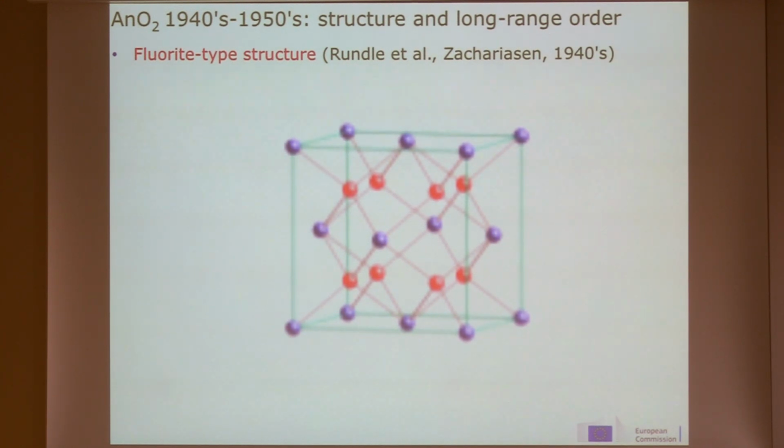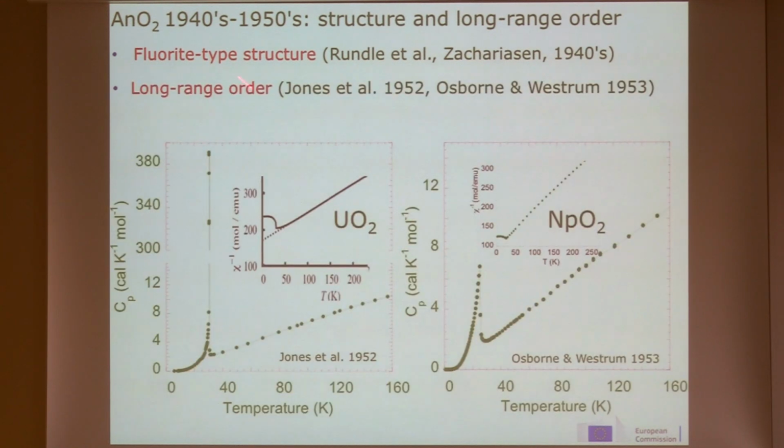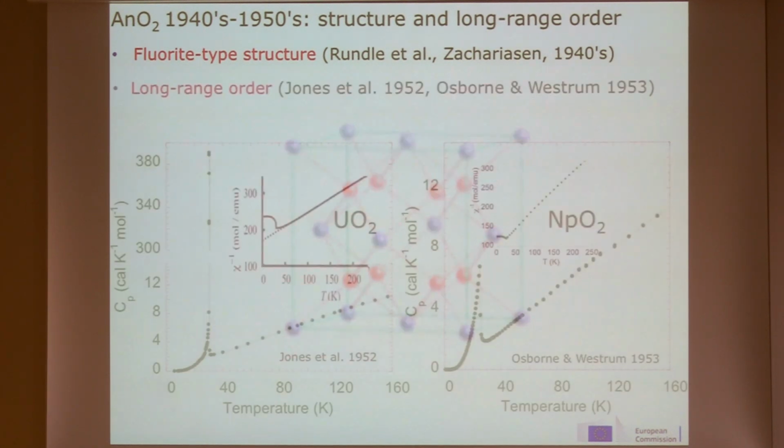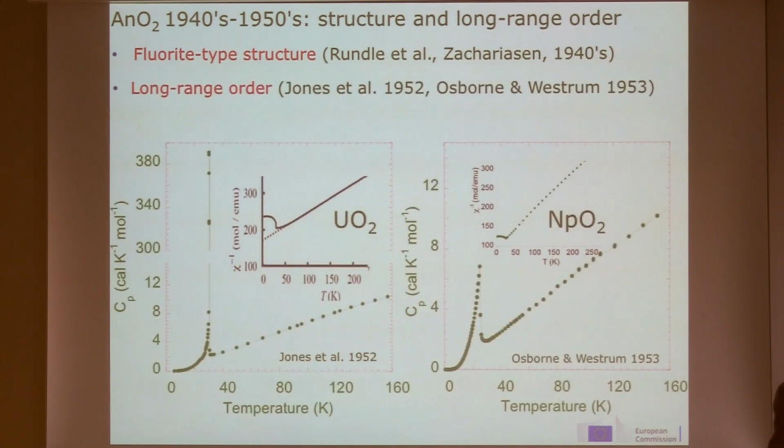You have the actinide forming a face-centered cubic lattice, and the oxygen an internal cube, so 8 atoms of oxygen forming a simple cube within the lattice. The data were then disclosed at the end of the war, in the 50s.